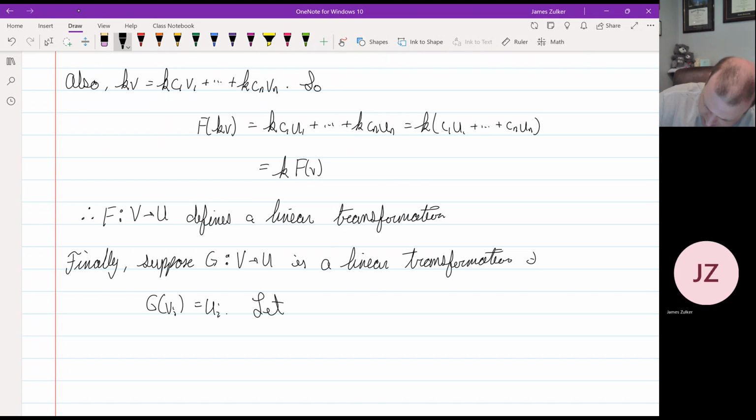So let, again, V equal C1 V1 plus so on and so forth.